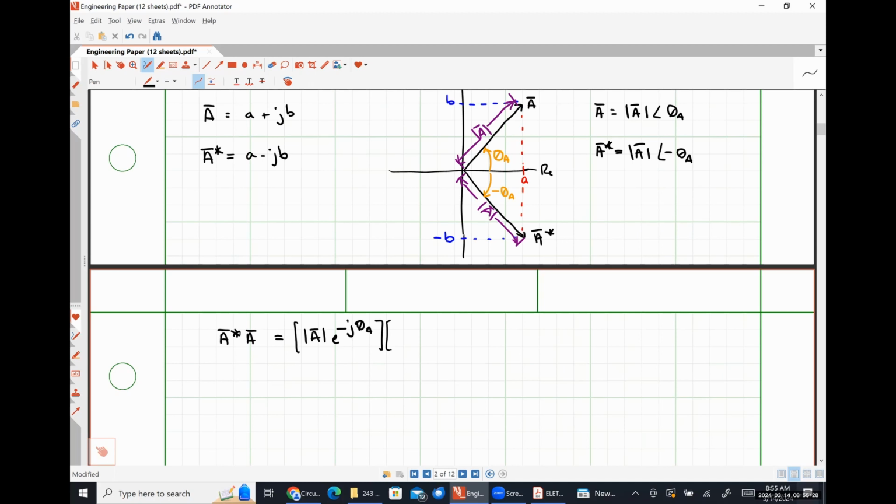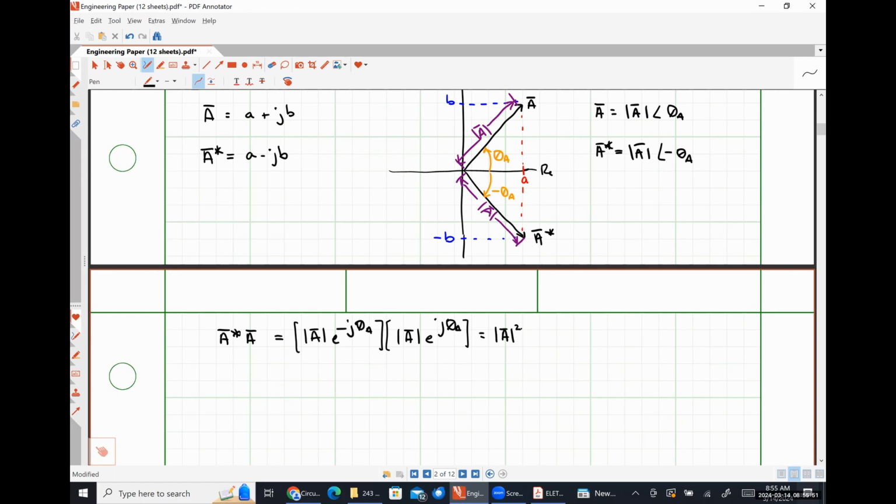Okay. The complex number A by itself, without the conjugate operation, is just the magnitude of A times e to the positive j theta A. So that looks to me like the magnitude of A squared.